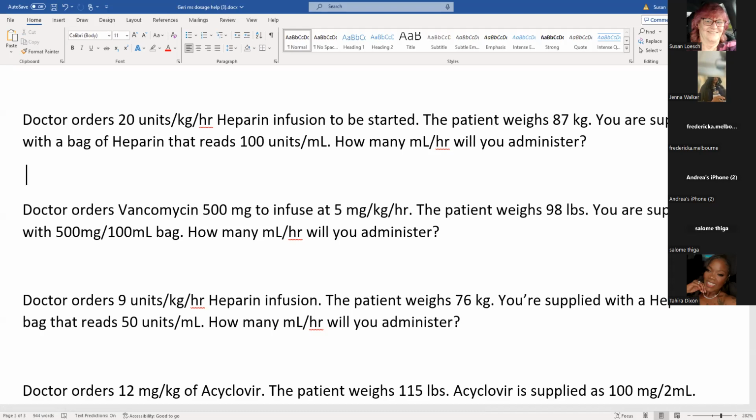So 20 times 87 times 60 divided by 100. Stop it. That's why I don't like you to say it out loud, because then you may confuse somebody else. Do the math first, okay?